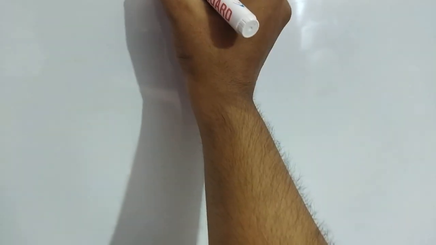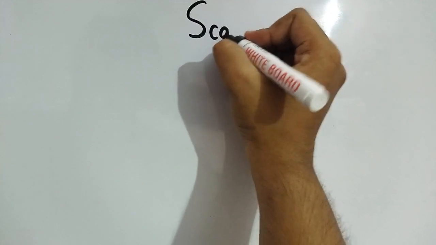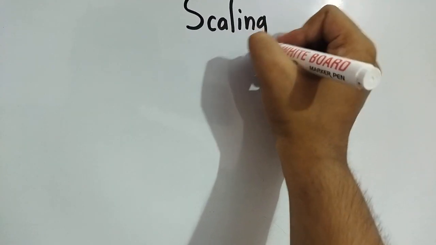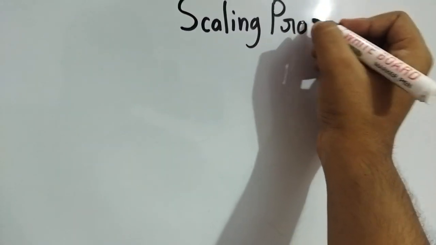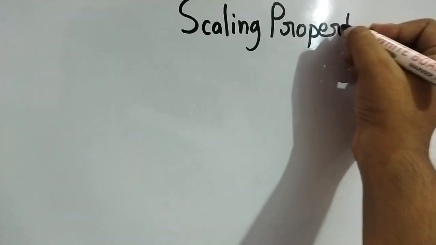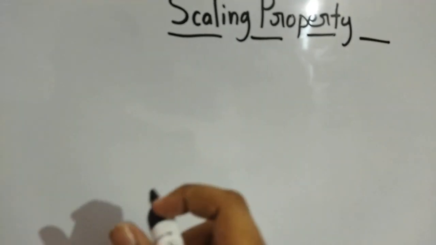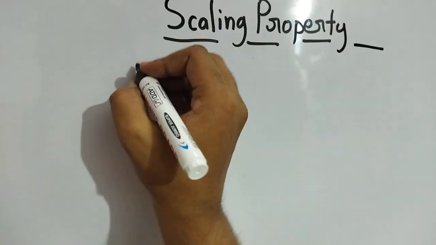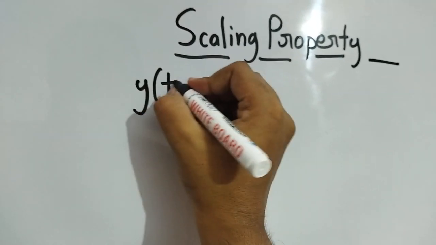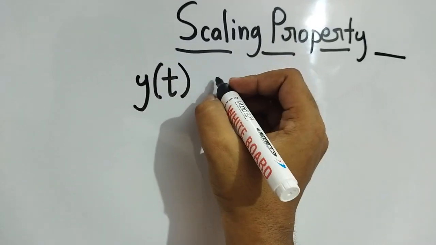Now let's move forward to the scaling property. Let's take the similar function which we took for the additivity property.